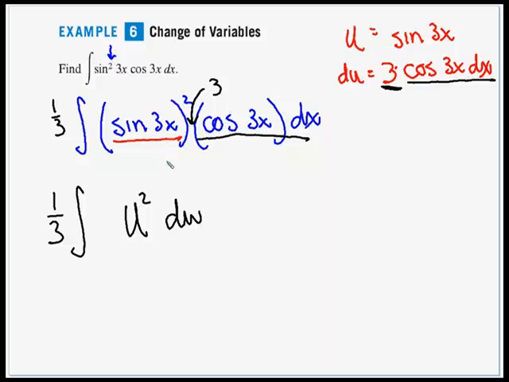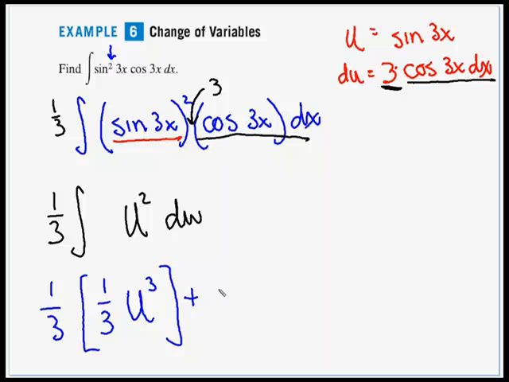So now that it's all in terms of u, this should be a simple integration. The 1/3 stays. And then we raise the power by 1: u to the 3rd, divided by 3, or times its reciprocal 1/3. The du is consumed in the process, and we have our plus c. So we've got a couple fractions here. 1/3 times 1/3 is 1/9.